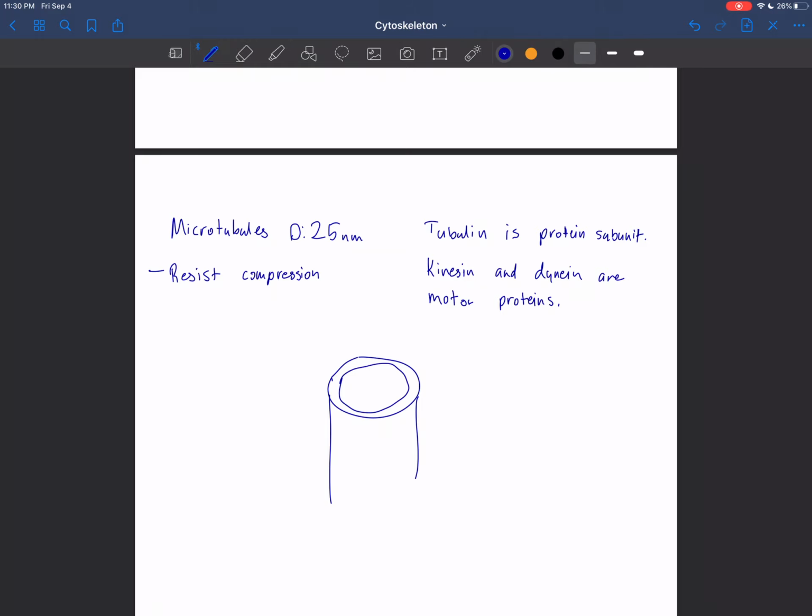If I put a downward force on a pipe, it's going to be very hard for me to force that pipe down. So that's the way I think about it, and so they resist compression.